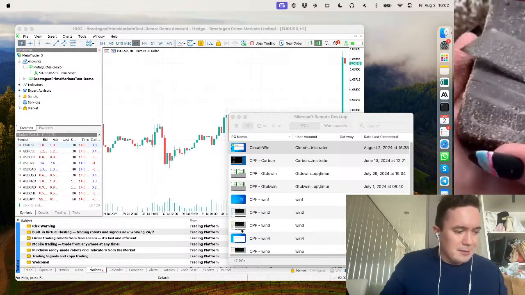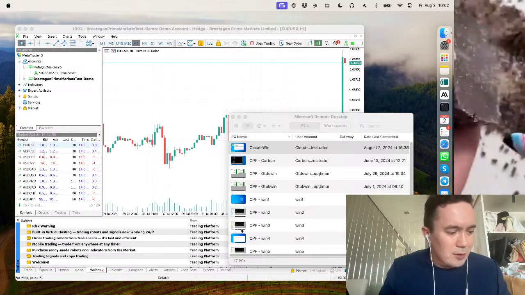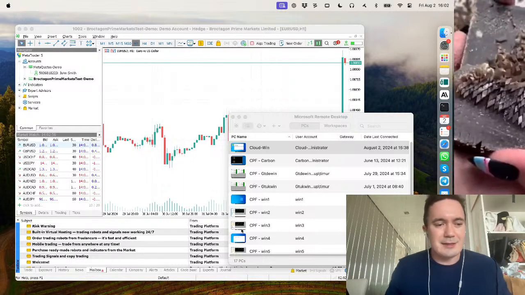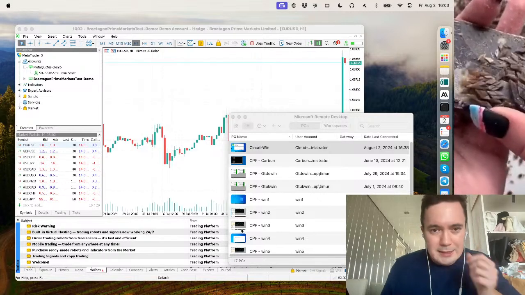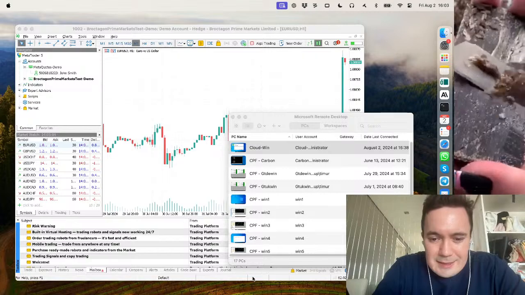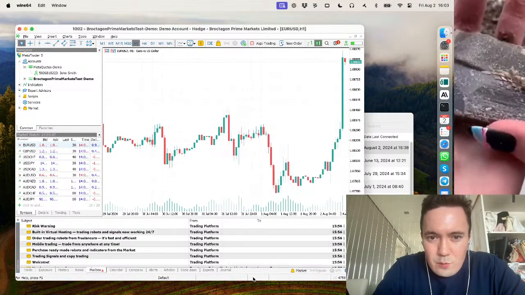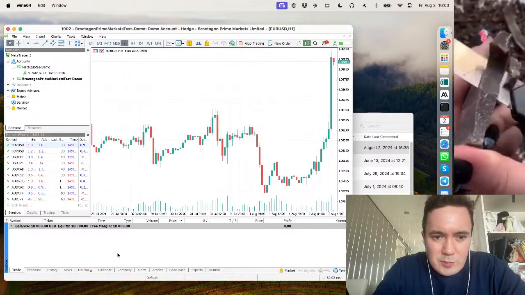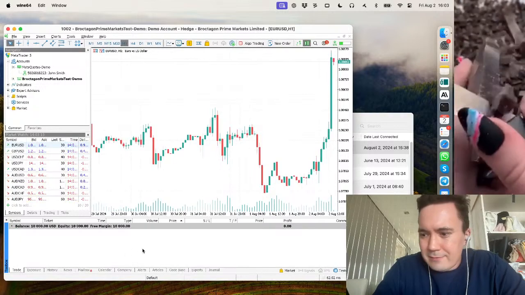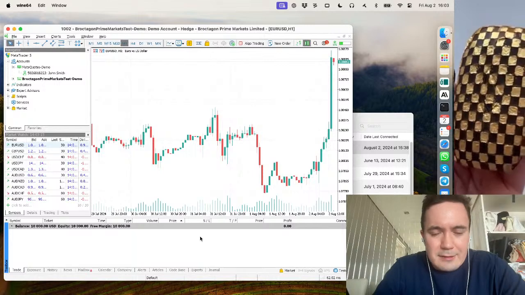Then let's start. So today we'll start with risk management. It's a big topic, so we'll start with the very basics. We'll start with the risk management of trading.